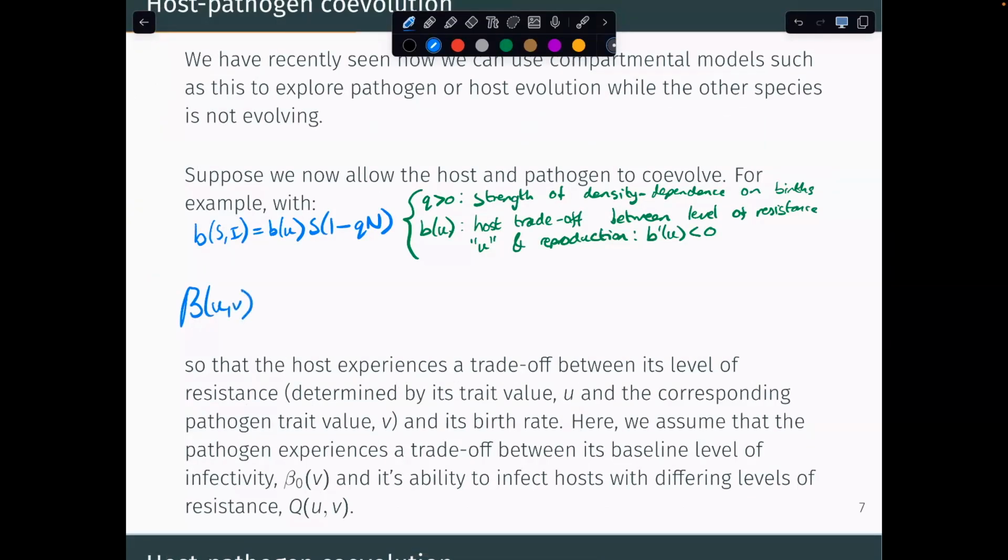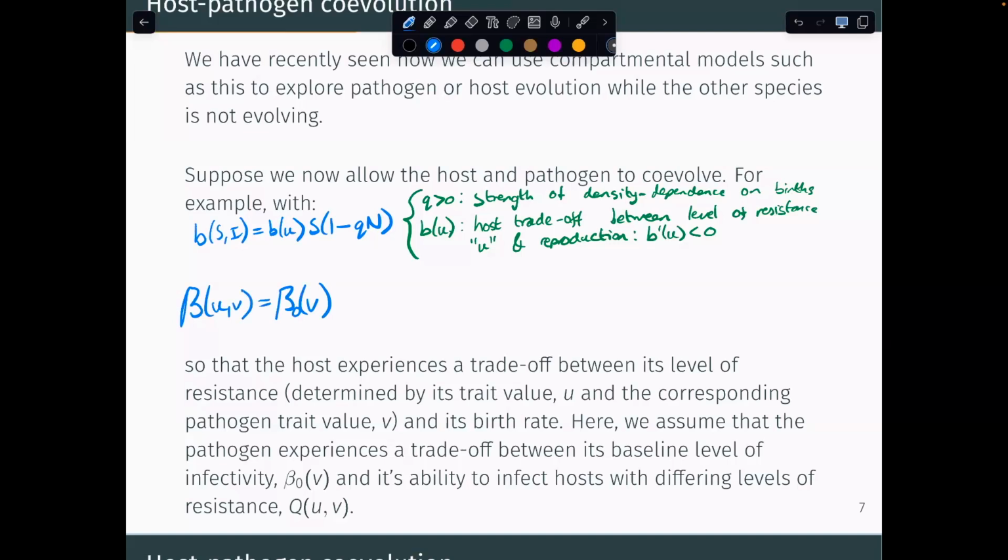looked at before. I'm now going to assume that this transmission rate is actually a function of both our host trait U, our strength of resistance, and our pathogen infectivity V. I'll actually split this up into two functions.